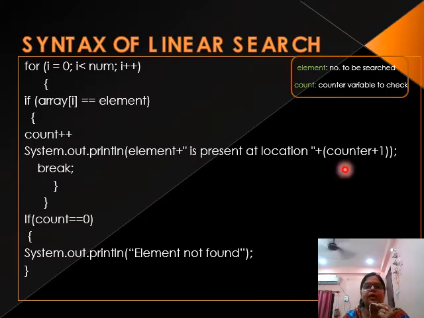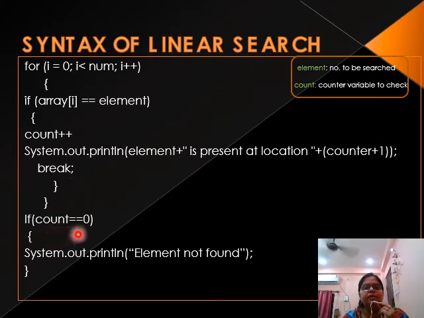Now how are we going to write it? See the syntax of linear search. Here the element variable is the number to be searched and count is a counter variable. If we find the number, then count will be incremented. Here there is a loop. If array[i] is equal to element, the number to be searched, then count++ happens. We get our number and then it will break.